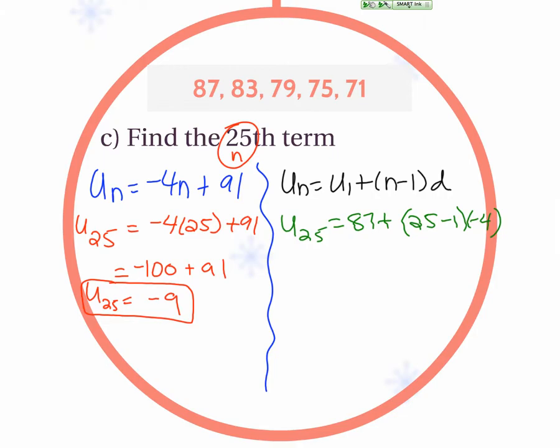So if you didn't have this general term, like let's say the problem didn't ask you to find the general term, you could plug everything that you know into that original equation that's in your packet and have 87 plus 24 times negative 4, which is 87 plus negative 96, and you still get negative 9. So just to show you another way to solve that problem, putting both of those out there just so you're ready for whatever you come across.